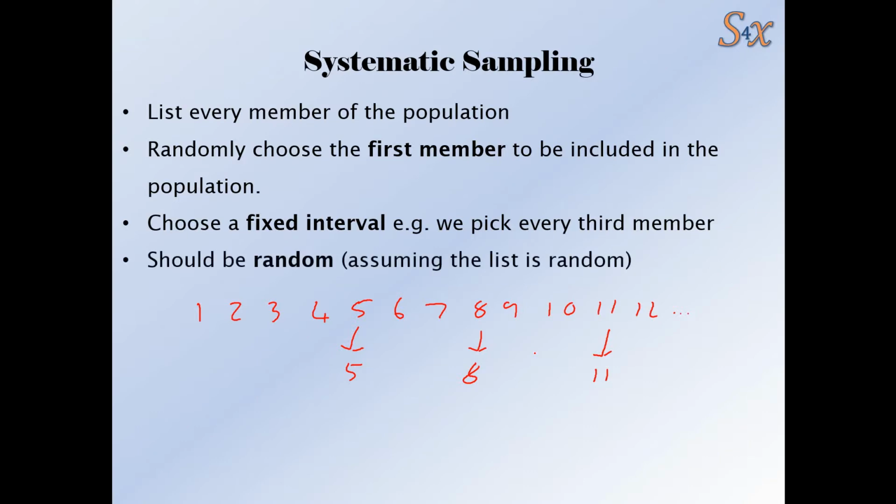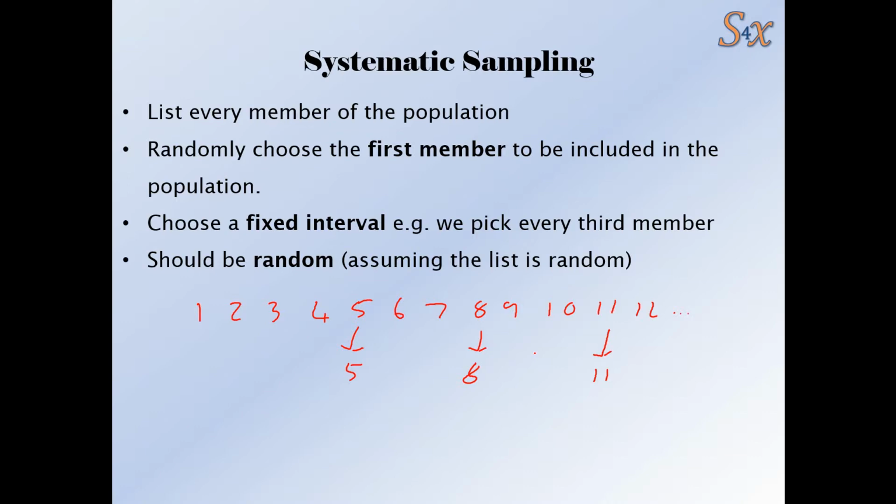In theory, this should be random. In practice, it can be hard to achieve this. There are ways in which this can become not random. It's a little bit of a complicated scenario to think about. But for instance, say we randomly pick houses, and we pick every third house to be sampled.